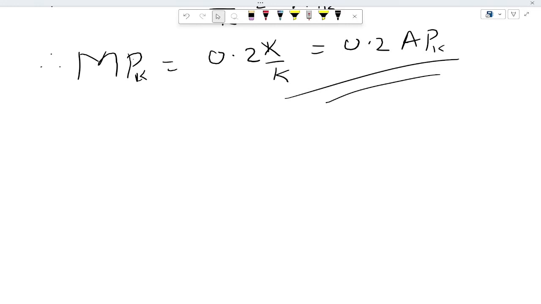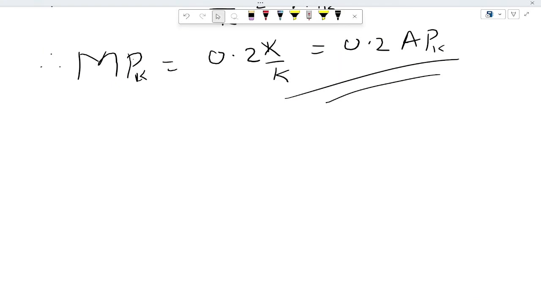Now, let's go back again. The next question is for us to derive the marginal rate of technical substitution of labor for capital and of capital for labor, which is the rate of substitution of one input for another.